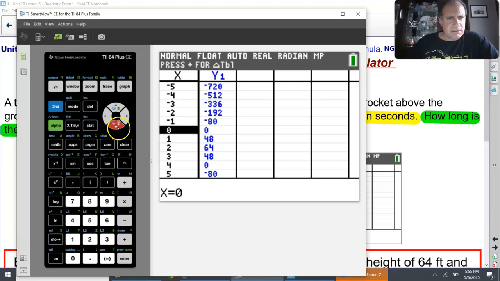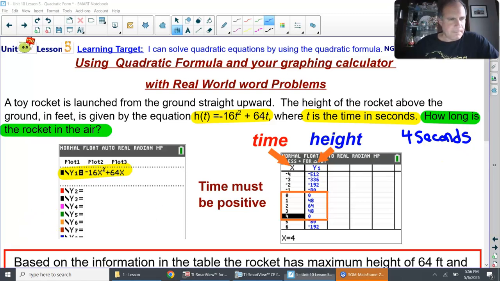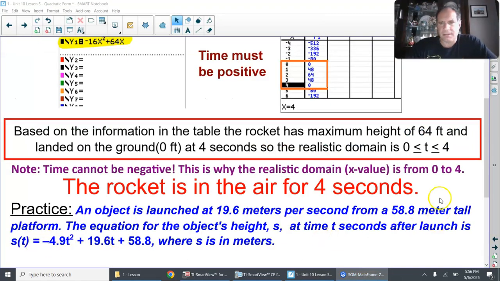It gets set off, shot at 0, 0, and then goes up, up, and then hits the ground. So how long is the rocket in the air? 4 seconds. And that is that.